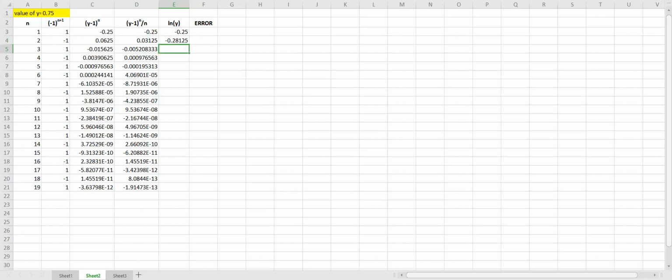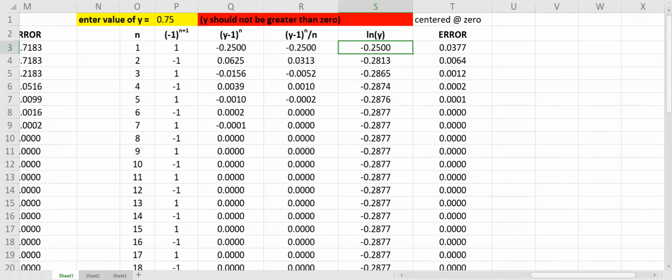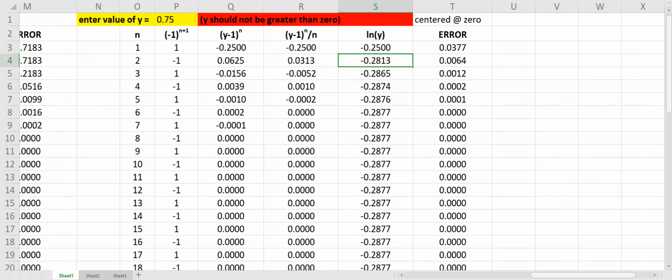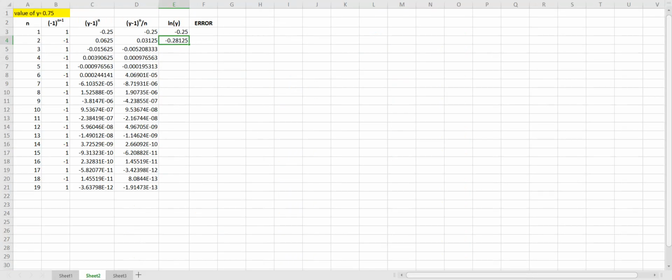So now we have a value of negative 0.2813, because this is approximated to 4 decimal places, and the real value of the approximation is negative 0.28125.